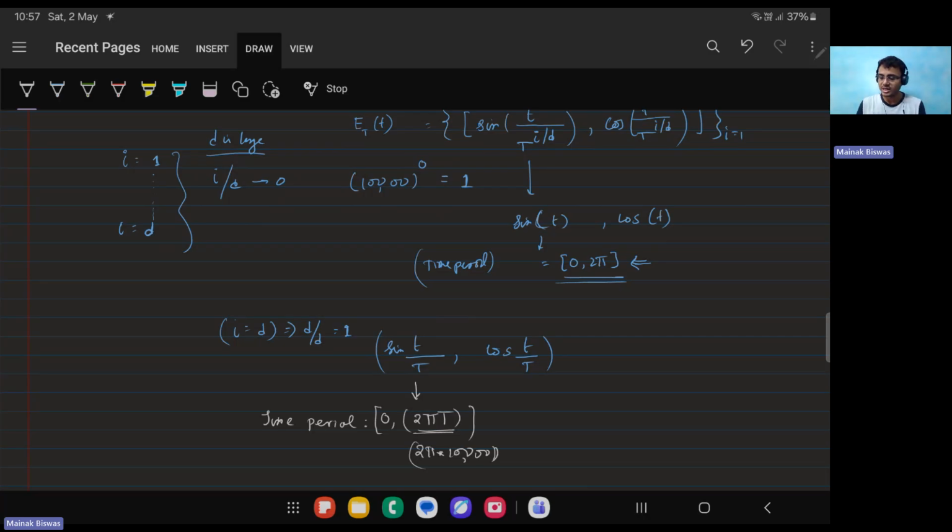So what I'm trying to say is that when I is small, you would end up having high frequencies, which capture local similarities, or local positional similarities.